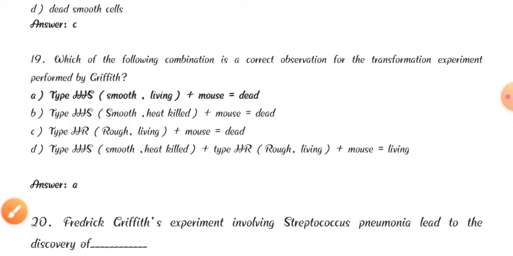Now question number 19, which of the following combinations is a correct observation for the transformation experiment performed by Griffith?